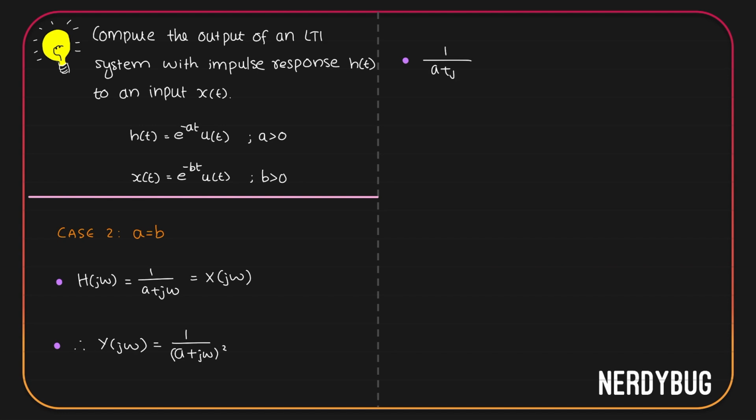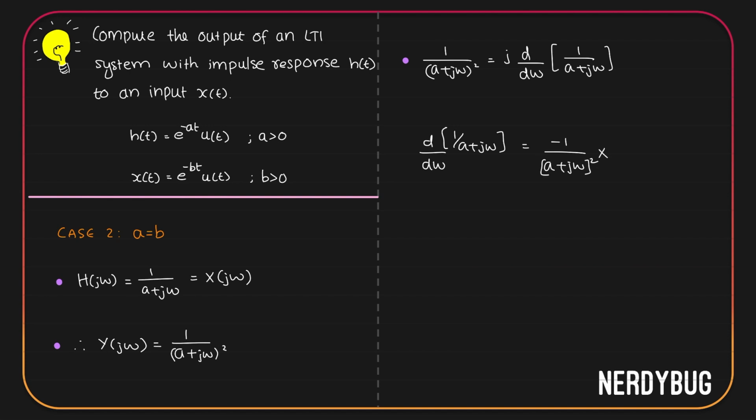1 by a plus j omega whole square can be written like this. It is j d by d omega of 1 by a plus j omega. Let us check if it is true. What is d by d omega of 1 by a plus j omega? It will be minus 1 by a plus j omega whole square multiplied by d by d omega of j omega, that is j.